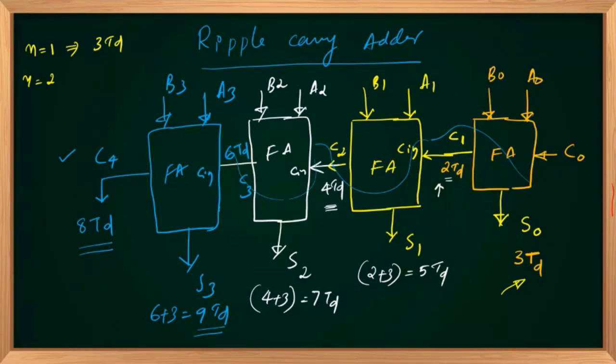So we should use 2 stages. Then my delay is increased to 5 times GD. If n equal to 3, the delay increases to 7 times GD. If n equal to 4, it is nothing but 9 times GD. I'm concentrating on the sum output because the time taken for producing the sum output is greater than producing the respective carry out.